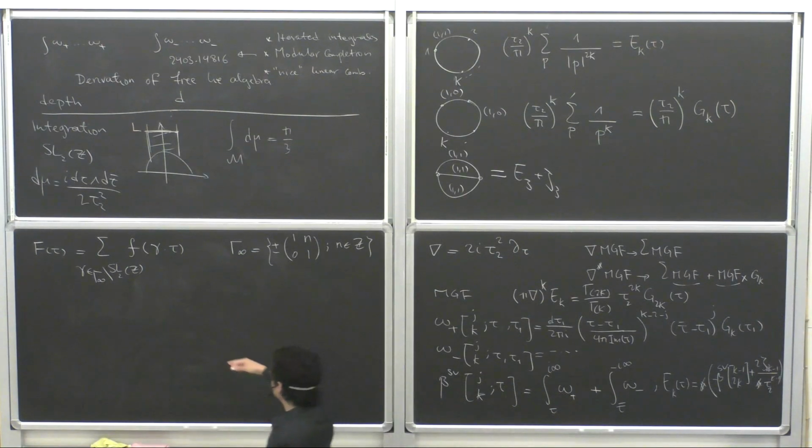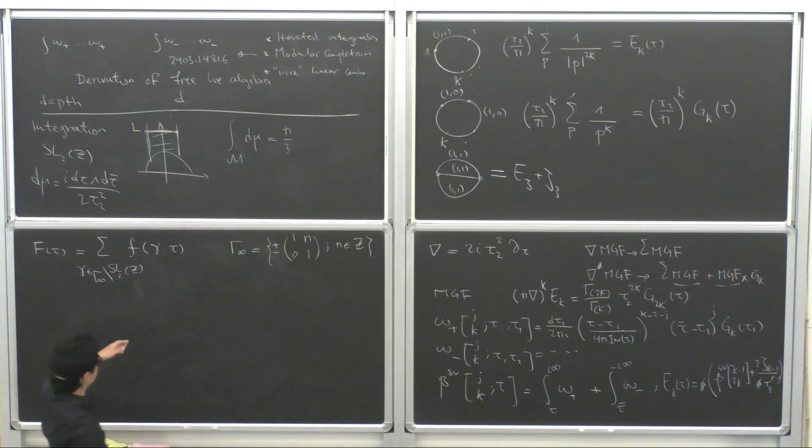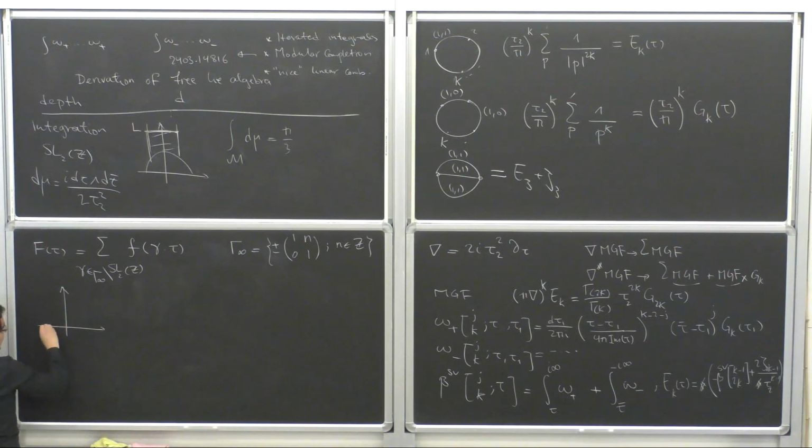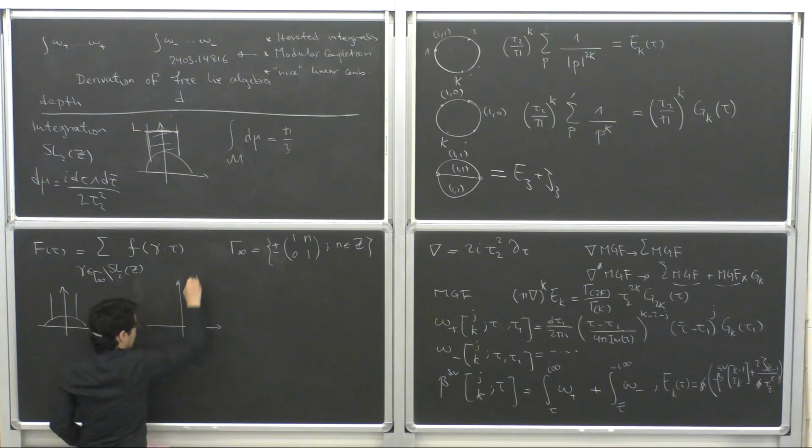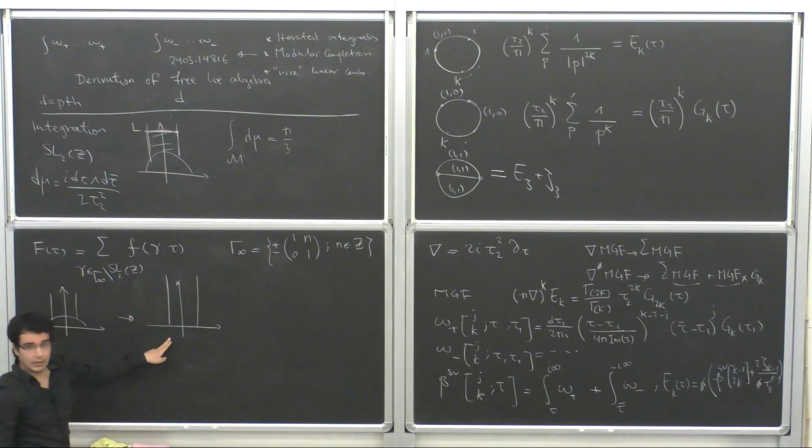So if I write it like this, I'm actually considering S transformations by this definition. Instead of integrating over this using the seed function, I have to integrate the seed function over just a strip. And this is much simpler than this.